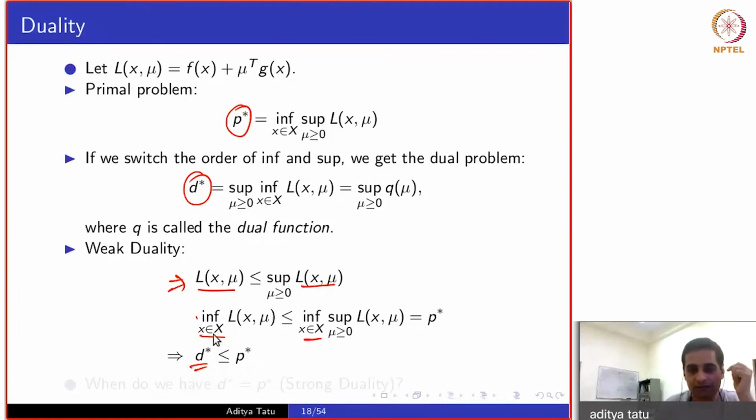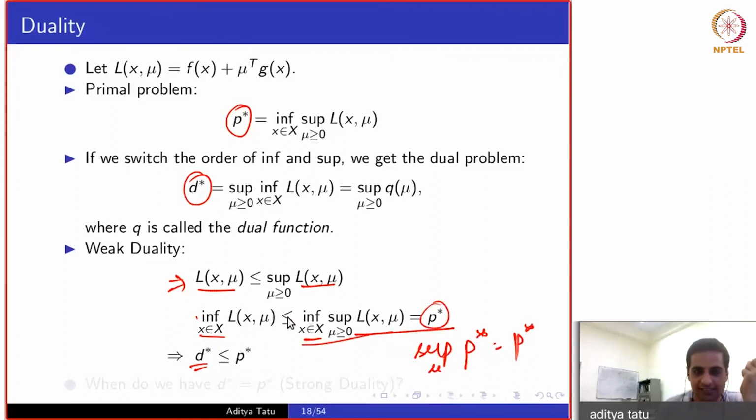Now take supremum on both sides with respect to mu. Now the right hand side, of course, is no longer a function of mu. It's a constant p star. So by taking sup over mu of p star, you're going to get just p star.